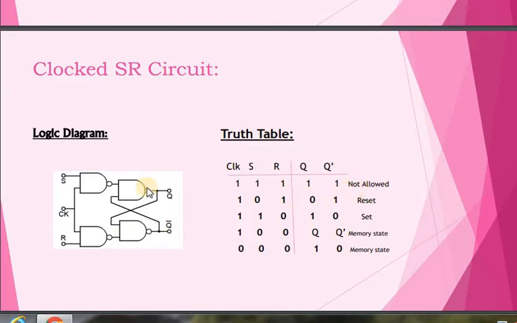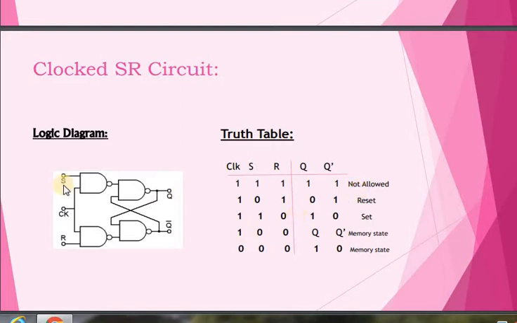So here the clock input is 1, S is also 1, the output will be 0. Here also the output will be 0. So the inputs given to the next gates are 0 and 0. If any one input is 0, the output will be 1. So the Q output is 1 and the Q complement output is also 1. So that is not allowed.